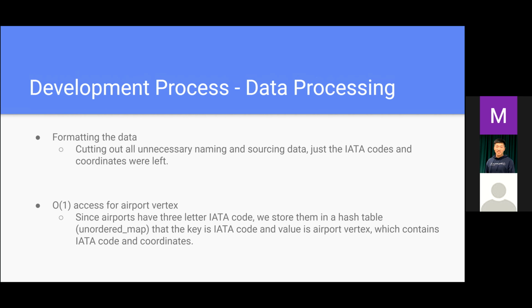Another challenge we face is access time for the airport vertex. Since airports have a 3-letter IATA code, we store them in a hash table, which is an unordered map, where the key is the IATA code and the value is the airport vertex. Each airport vertex contains the IATA code and its coordinates.